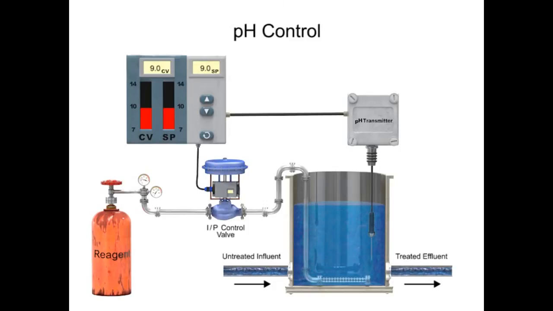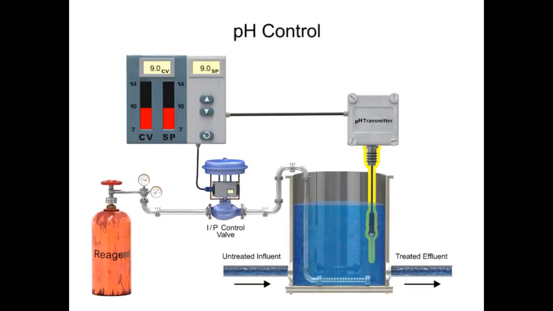An example of an automatic pH level control system is a water treatment process where lime-softened water is maintained at a pH of 9 using carbon dioxide as a reagent. As the untreated water or influent enters the tank, the pH is continuously monitored by the pH sensor.